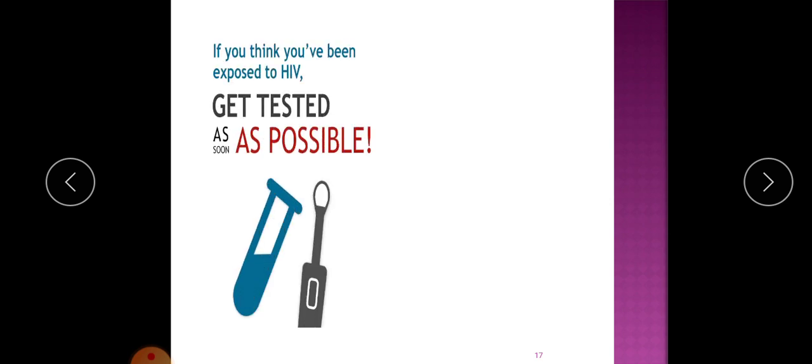So what should we do? If you think you've been exposed to HIV in the modes of transmission that we have mentioned, the BUM: blood, unprotected sexual contact, and mother to child transmission, then you should get tested as soon as possible.